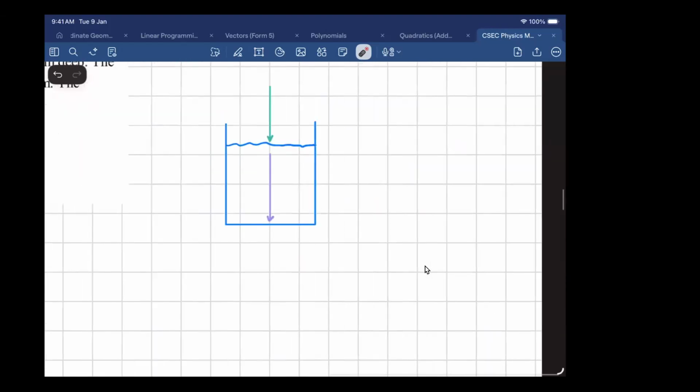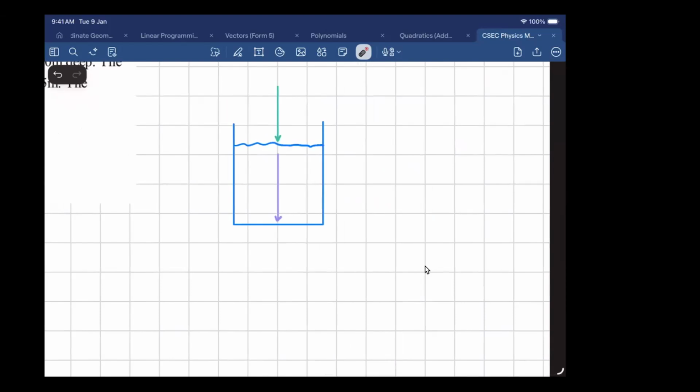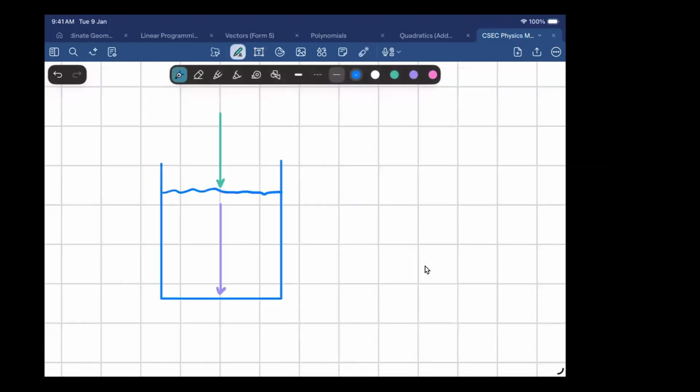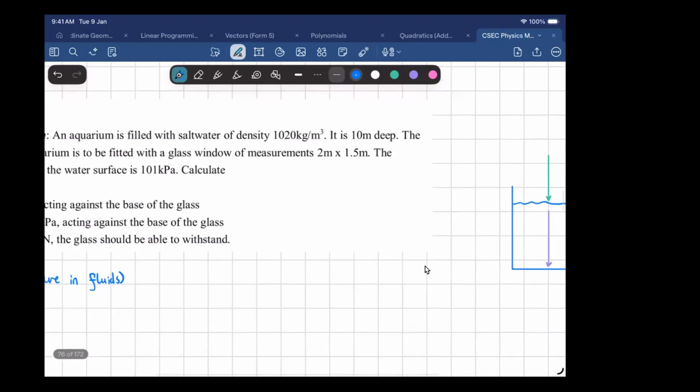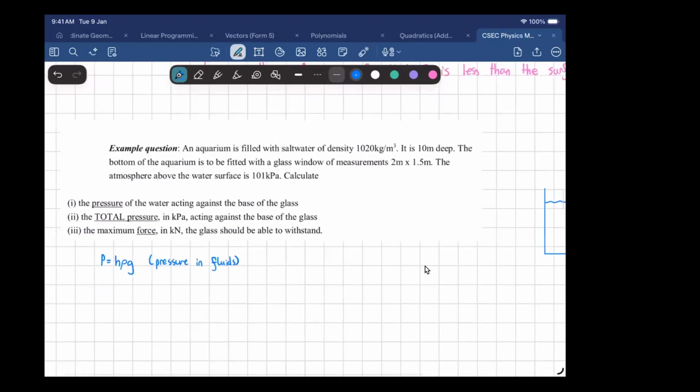So anytime you're dealing with pressure in fluids, the formula that you need to remember is pressure is equal to the height of the fluid by the density of the fluid by gravity. So the atmospheric pressure here is what? What's the atmospheric pressure in this question?